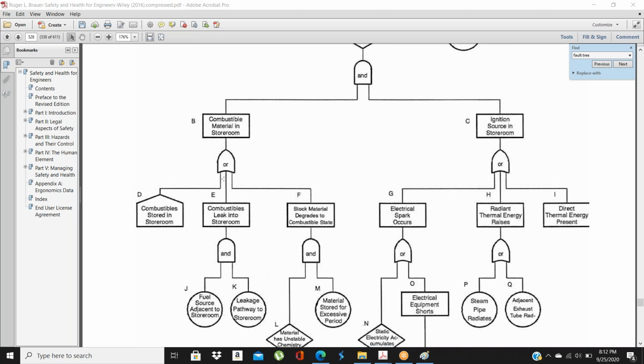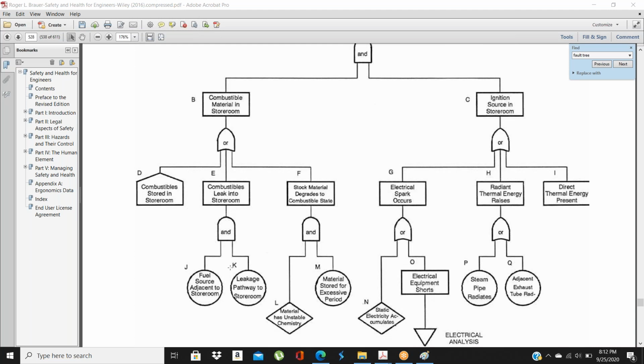Remember, for the OR gate, we need to add all these three. For the AND gate, we need to multiply the input events.